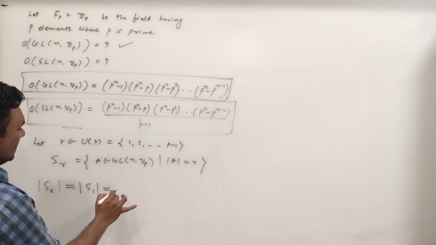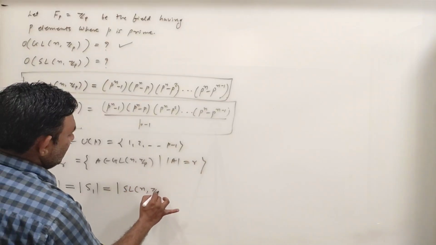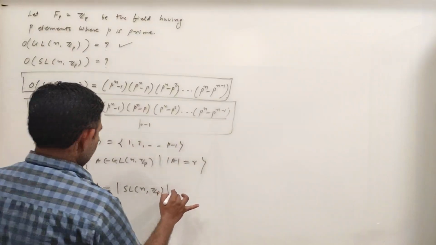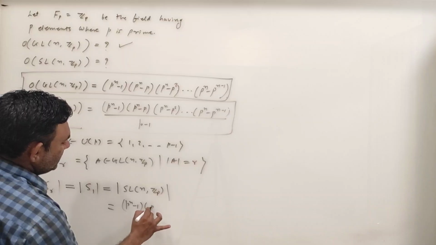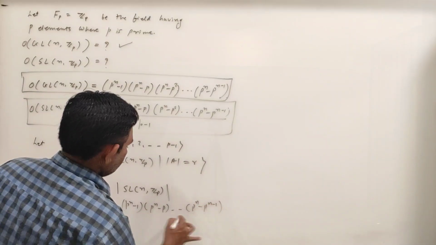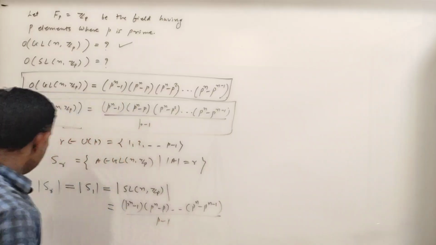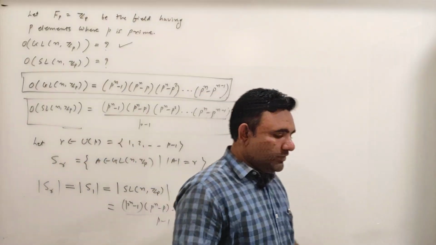Determinant 1 means it is the cardinality of SL(n, Zp), and it is this one, (p^n minus 1)(p^n minus p), and so on, (p^n minus p^(n-1)), divided by p minus 1. So the cardinality of all of them remains the same. Let me illustrate with one example.